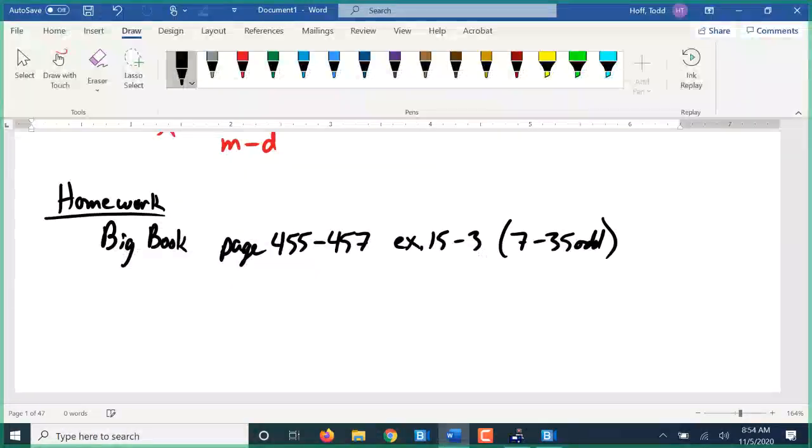Seven through 35, the odd. And there is also a quiz out there for you. Which is due by noon tomorrow.